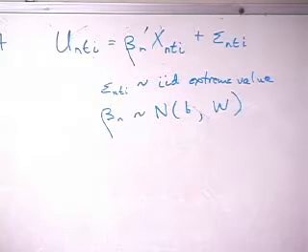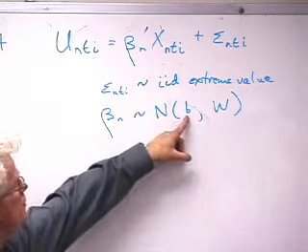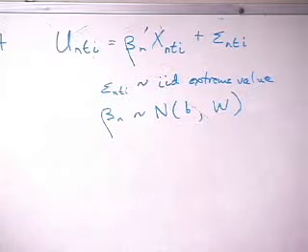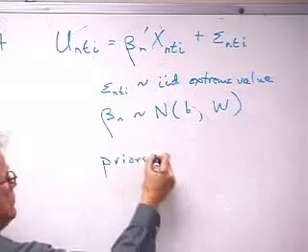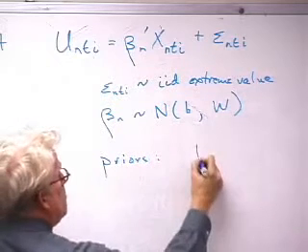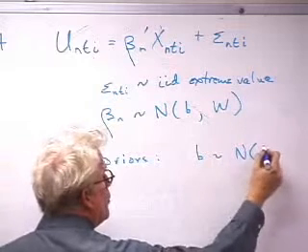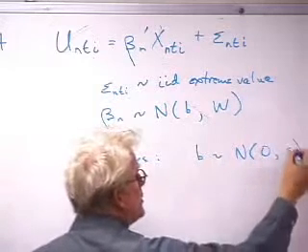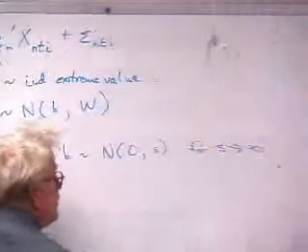Now, if we were to take a Bayesian approach, we need to specify priors on our parameters. We have parameters b and W, right? Those are the things we don't know. So let's specify our priors. Let's say that b is distributed normal with 0 and S for S approaching infinity.